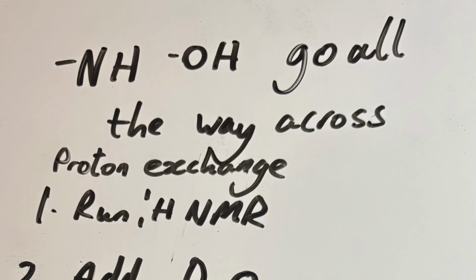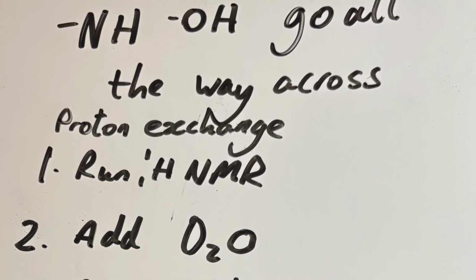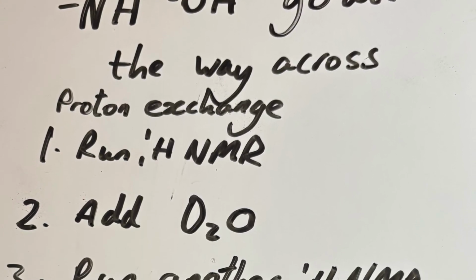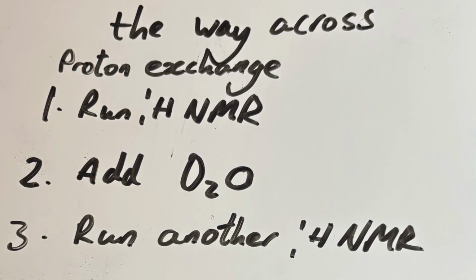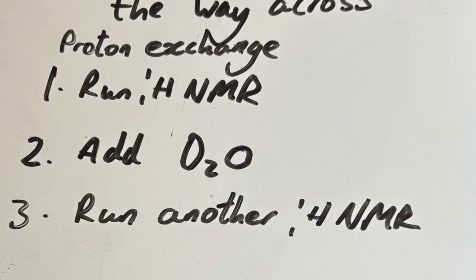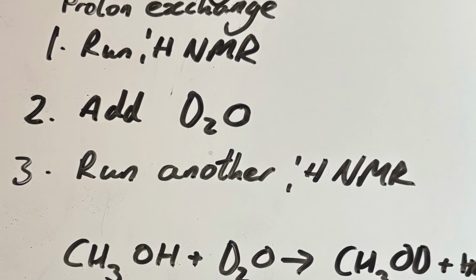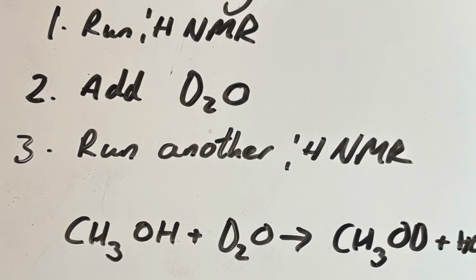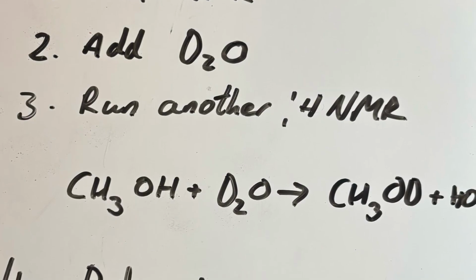Now, if you look at your data booklet, you'll notice a serious problem, and that is that the OH and NH group go all the way along the x-axis. So you run proton NMR, then you add heavy water, which contains deuterium, which is an isotope of hydrogen that has 1 proton and 1 neutron, so an atomic mass of 2.